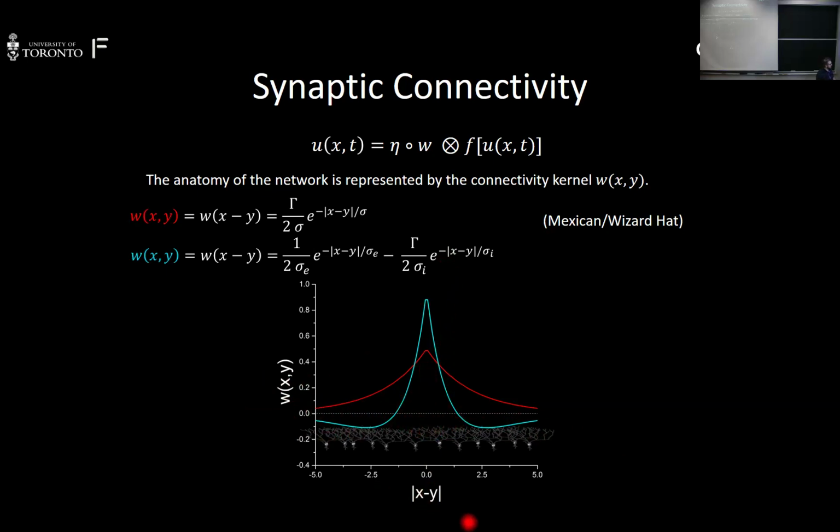So the actual value of x and y doesn't matter. From the point of view of describing the kernel, we just need to say it's a function of the difference between x and y, or the extent, if you like, the distance that you go away from a central point.